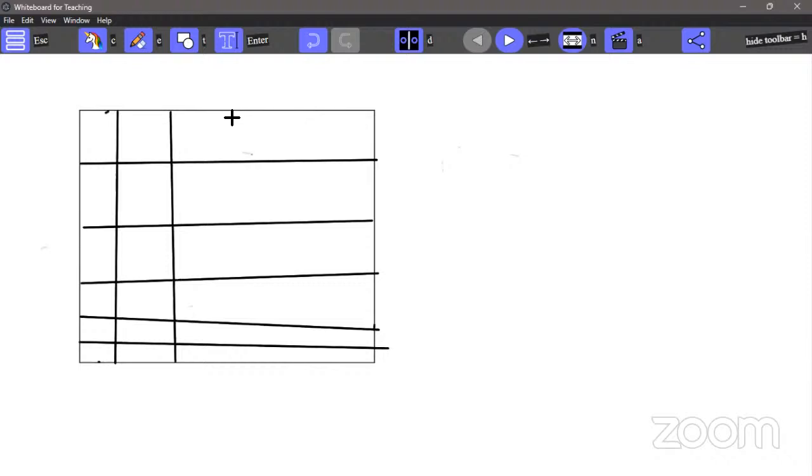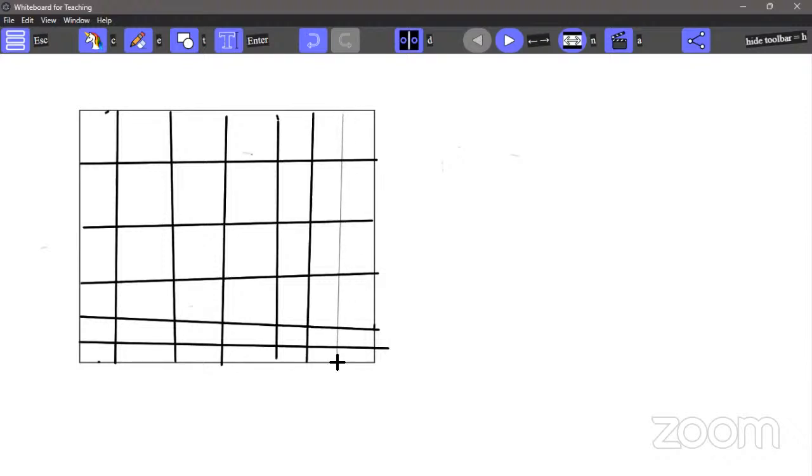Vertical 1, 2, 3, 4, 5, 6. Can the eraser be used or not?